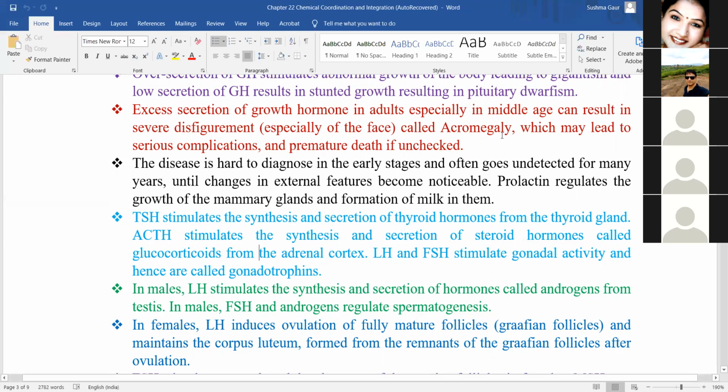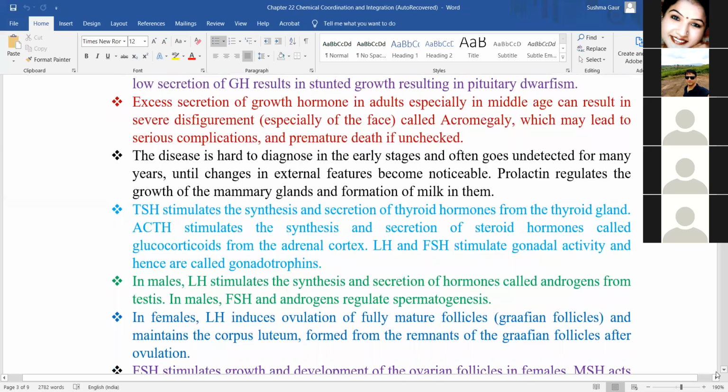So basically what you have to do, you have to make one chart, you have to write the name of the disease in one column and symptoms in another column, and in the third you have to write deficiency or over secretion of hormone. Then you have to write that this disease is caused by deficiency or less secretion of this hormone, or this disease is caused by excess secretion of this hormone.